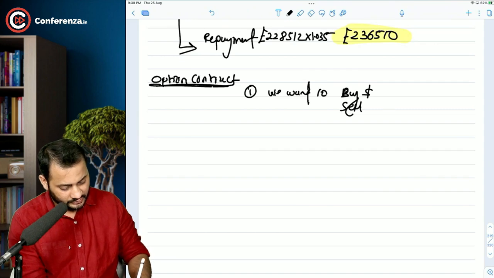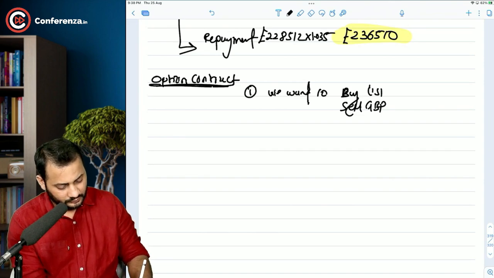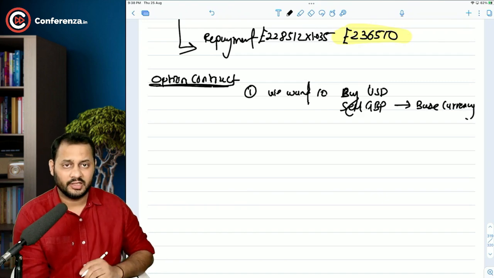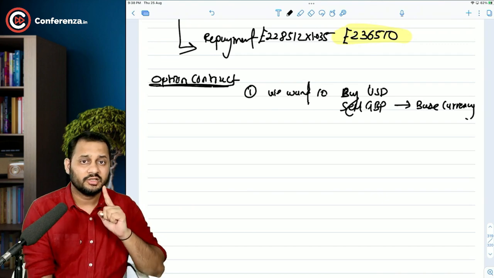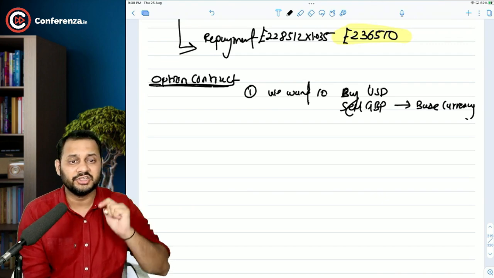That means sell GBP. Okay. And are you clear with this thing that this is the base currency under option also? Why? And how come you got to know about it? The size of the contract is in GBP.